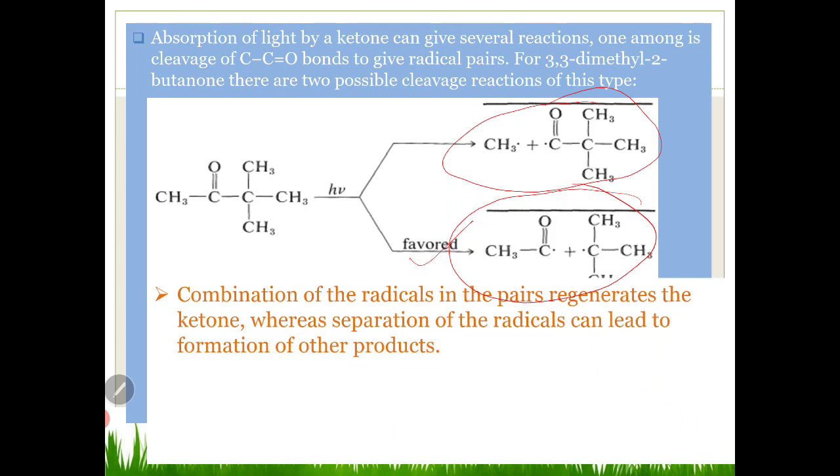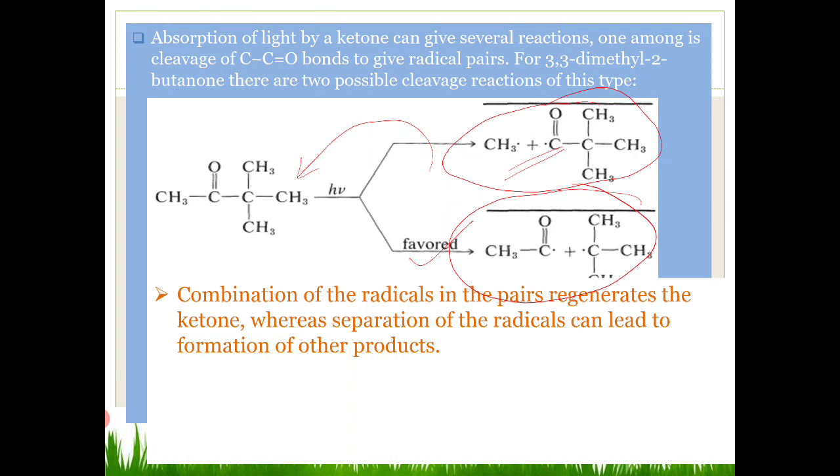So combination of the radicals in the pairs regenerates the ketone. If these two are getting combined, you will be getting the original initial ketone, whereas the separation of the radical can lead to formation of other products.